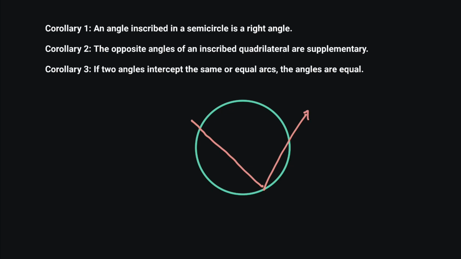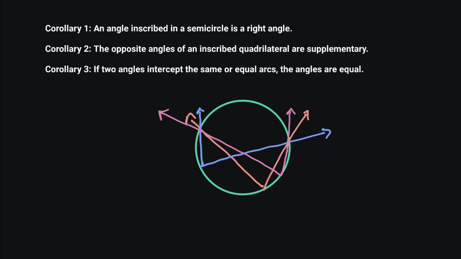This is our first arc. And maybe we have another intersecting arc, and maybe we can draw with another color. So maybe we have this, and we have this. We are intercepting the same arc.